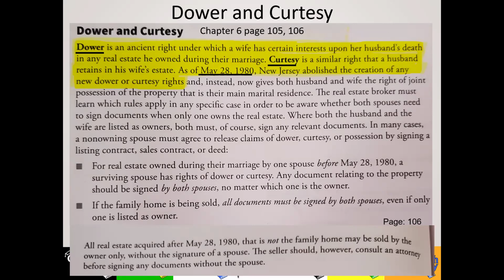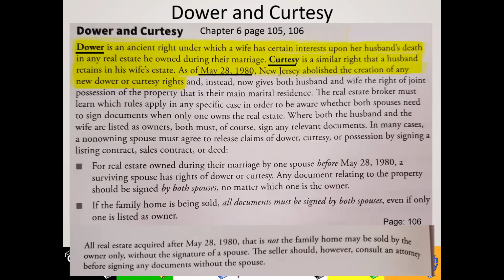They both need to sign because the spouse has an interest in that property, even if it's not the main marital residence. If it's the main marital residence, it doesn't matter when you were married, both spouses need to sign. But if it's not the main marital residence and only one spouse is listed as the owner, only that one spouse needs to sign.